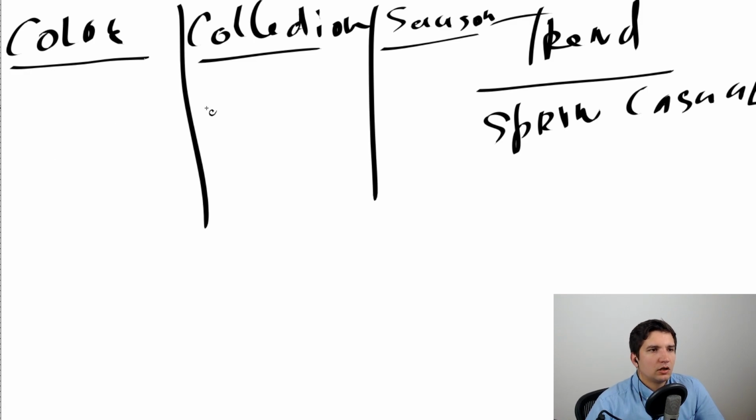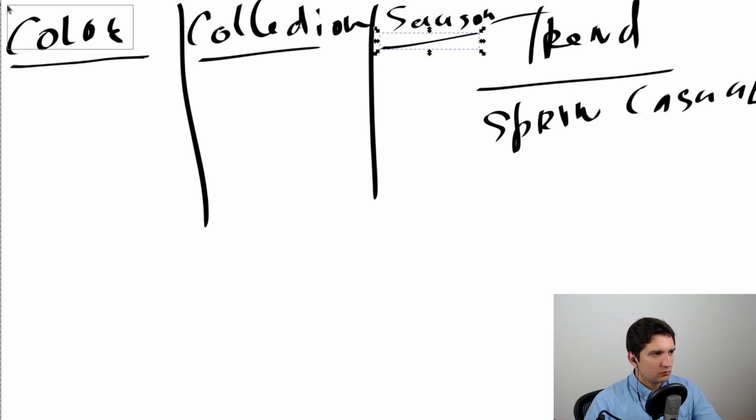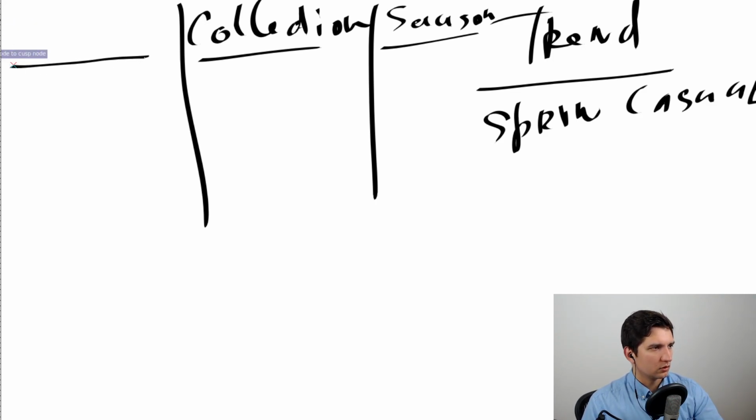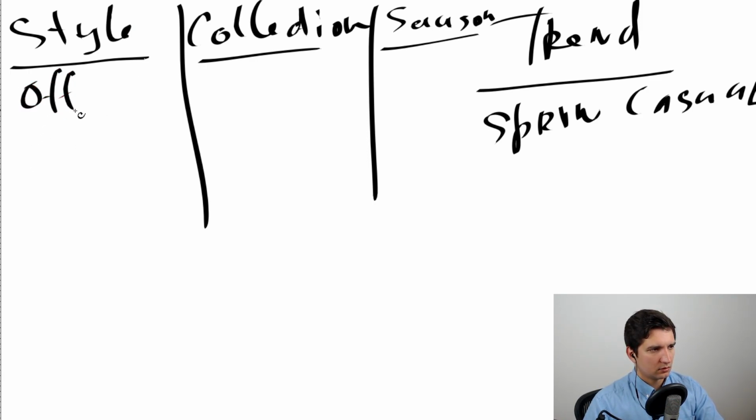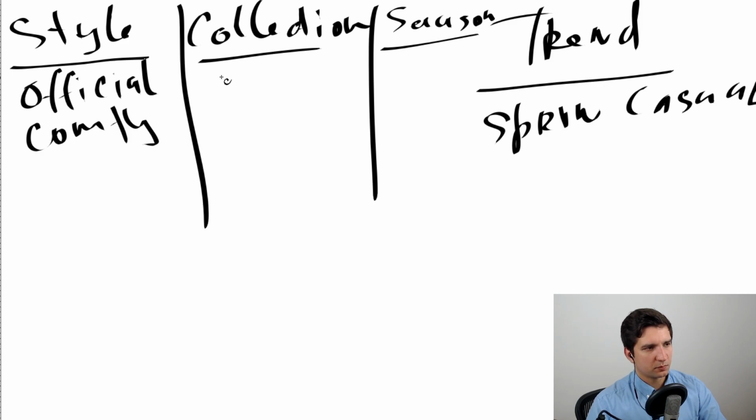And then you can combine, or let's say not, probably in this case, if we think about spring casual, you can probably better create some style. So style, and then there are multiple styles like official, or let's say comfy, and so on.